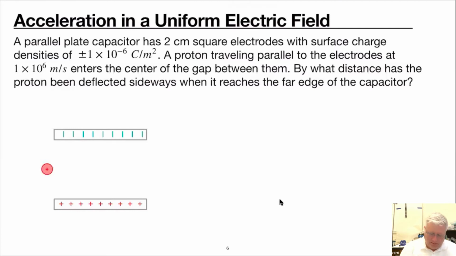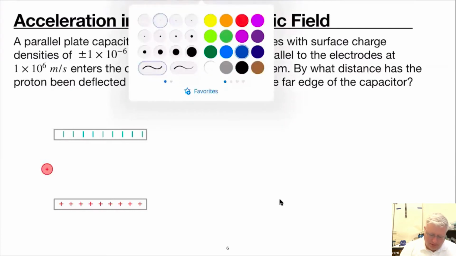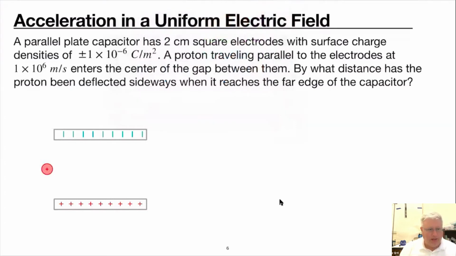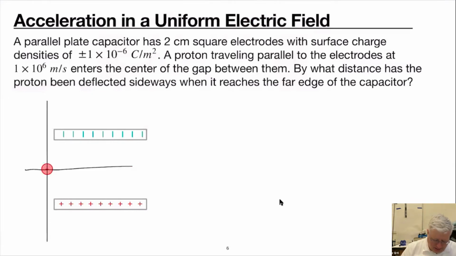Before we go to the question, I'm going to create an XY axis here, it's going to help us out. I'll create the XY axis right there where the proton is entering, because we're told that it's entering right there at the center between the electrodes.